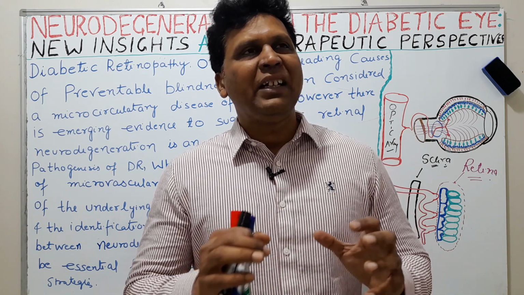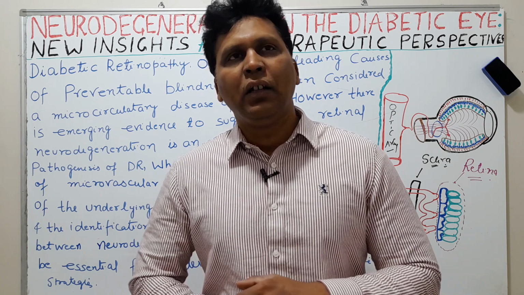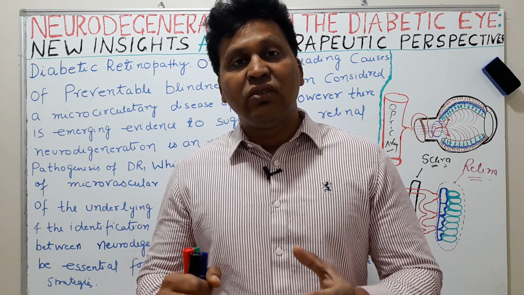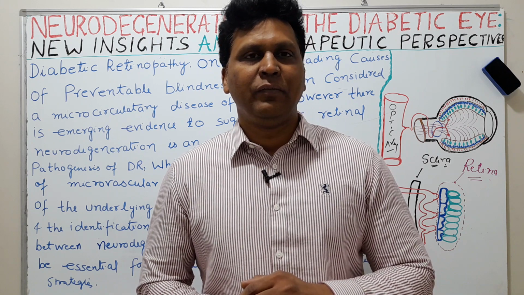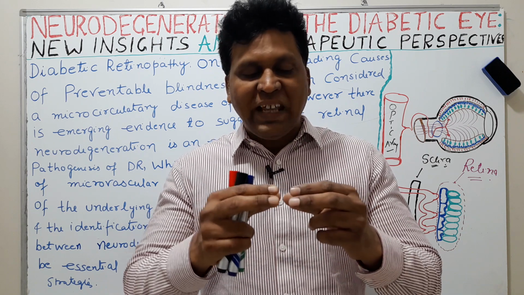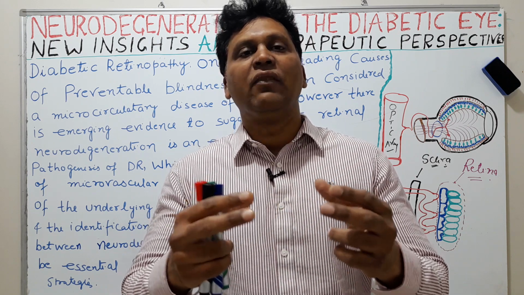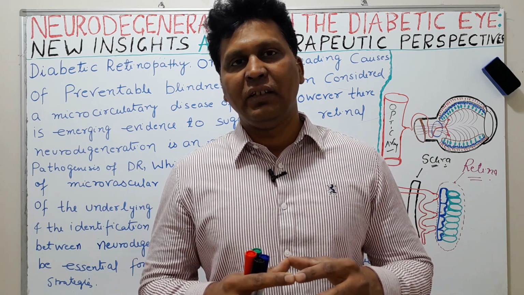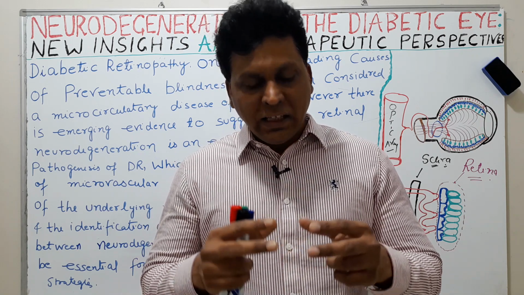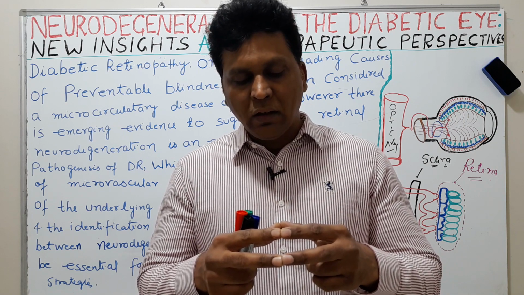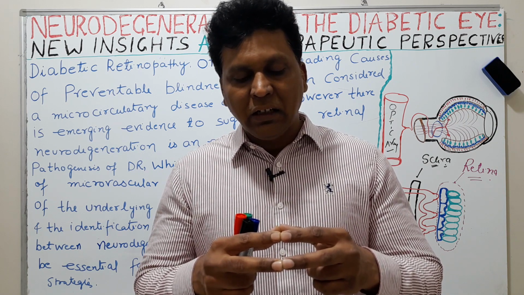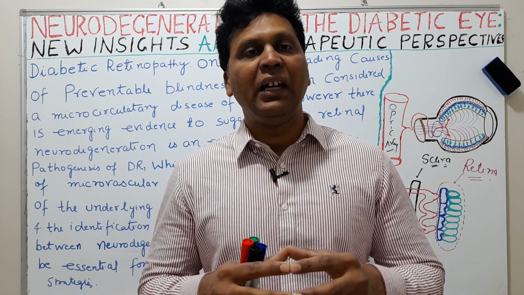And we know that the retina is the light sensitive part of the eye, which consists of neurons and glial cells. So it is talking about the damage of the retina because of nerve damage in the retina. And this nerve damage causes loss of vision and blindness.